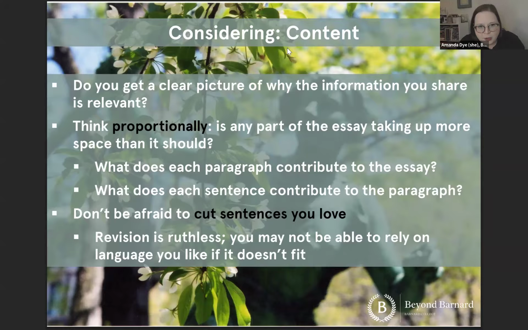When you're doing this part of the process, you are probably going to be confronted with the reality that you need to cut some things that you care a lot about. Maybe specific sentences that you really love. Maybe particular details or elements of a story that are really important to you personally.